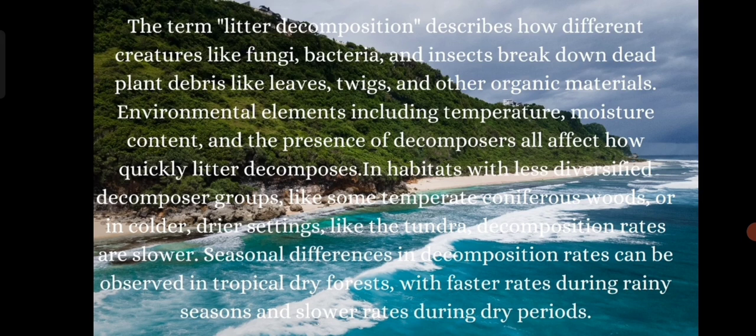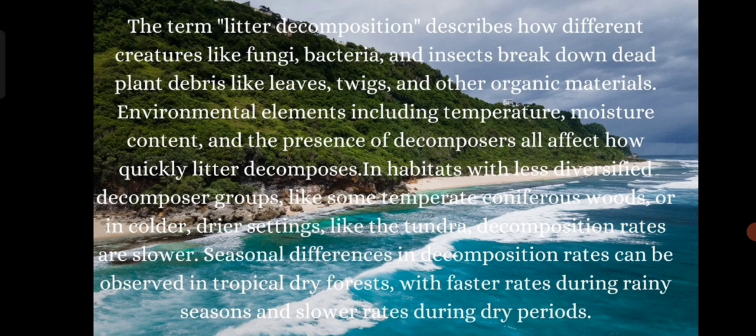Decomposition rates are slower in colder, drier environments such as the tundra or in ecosystems with less diverse decomposer communities like some temperate coniferous forests. Tropical dry forests may experience seasonal variations in decomposition rates with faster decomposition during wet seasons and slower rates during dry periods.